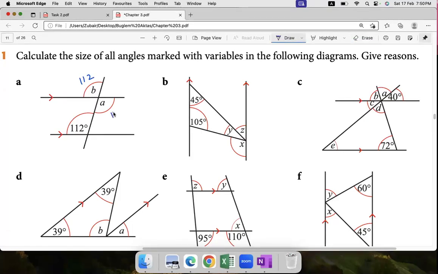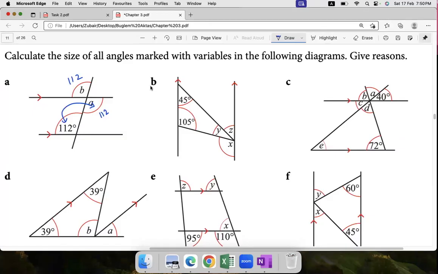Is the name still the same? It's 112. Oh yeah, vertically opposite still. So yeah, 112. May I say these are alternate also? That depends what my approach is. If I look at it with E, they are vertically opposite. If I look at 112, they are alternate.